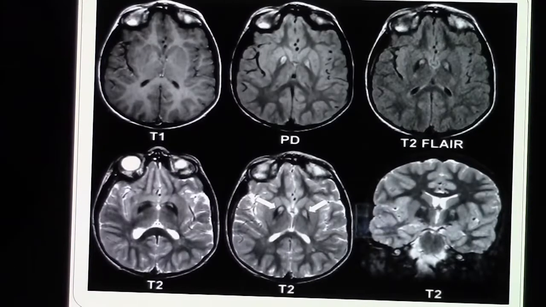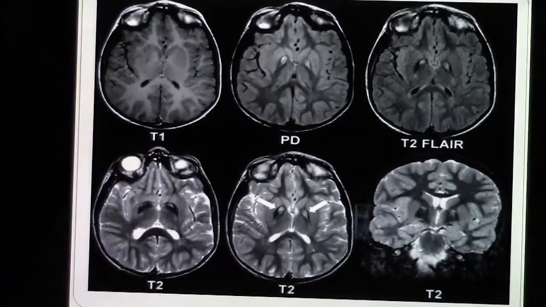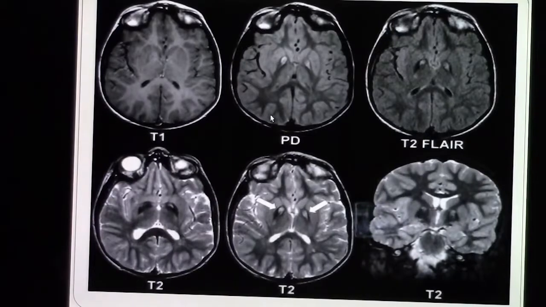As you guys see here, a brain MRI is extremely helpful for evaluation of the brain for any acute or chronic process. There is a different cut for the brain MRI.